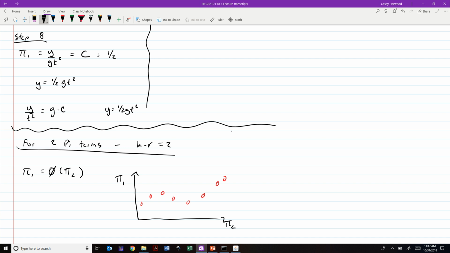Then you go through the process of correlating this data, which really just means in this case fitting a curve through it. So if you were to fit an empirical curve through this data, okay.